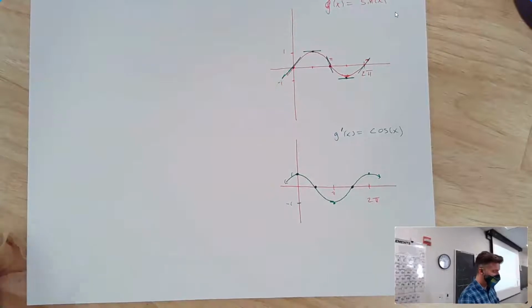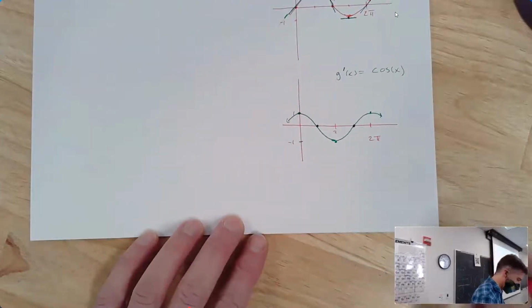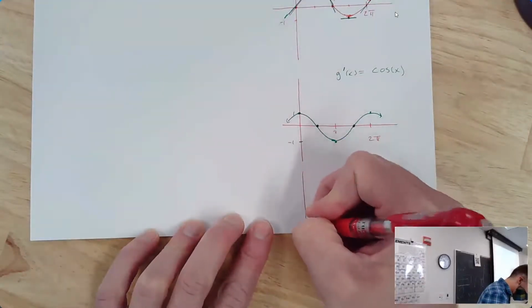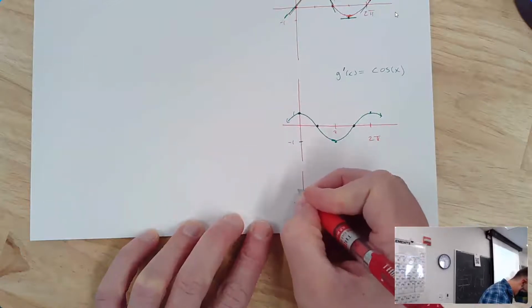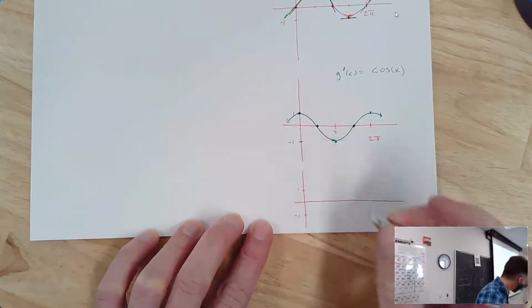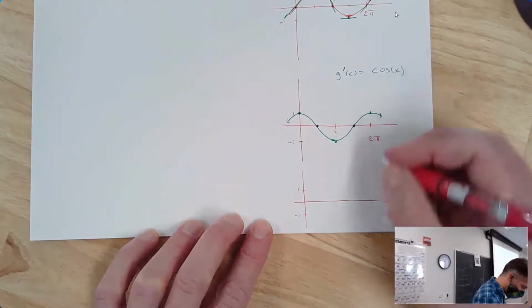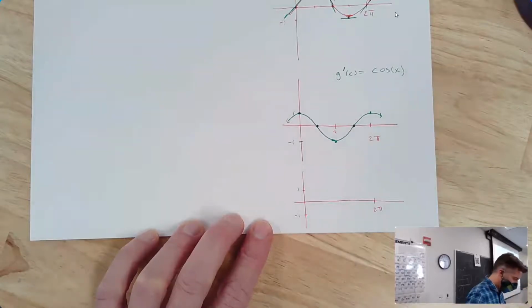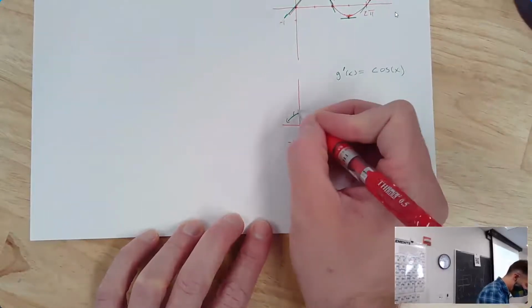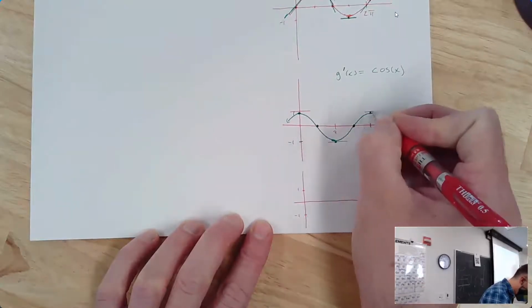And if you did this graphical thing again to find the derivative of cosine, might as well do it. So now the slope of the tangent line here is 0, and here is 0, and here is 0.